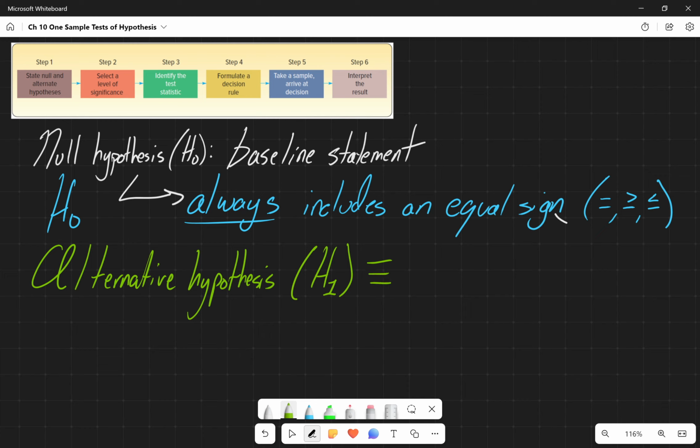The language starts to become very specific when we get into t-testing and this kind of tier of statistic, right?